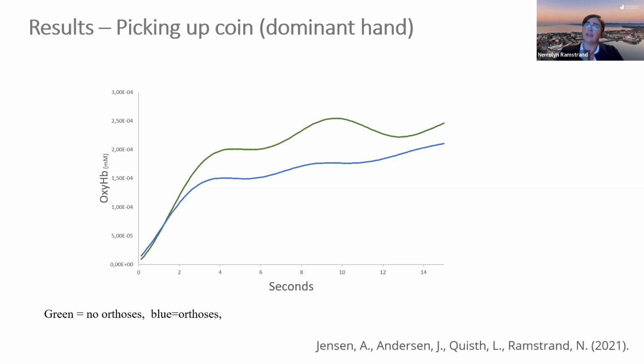The green is when this group had no orthosis on, the average of everyone, and the blue is when they have orthosis on. So what we see here is a significant decrease in cortical brain activity while they're performing the task when they're using the finger orthosis.